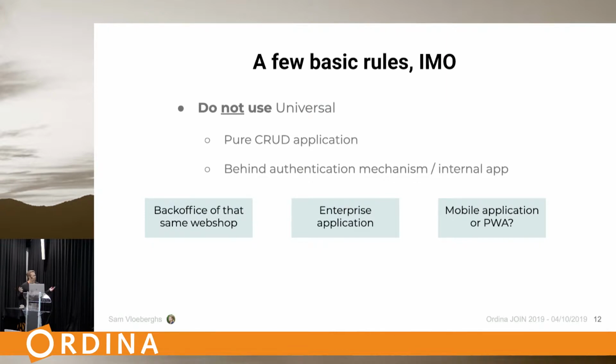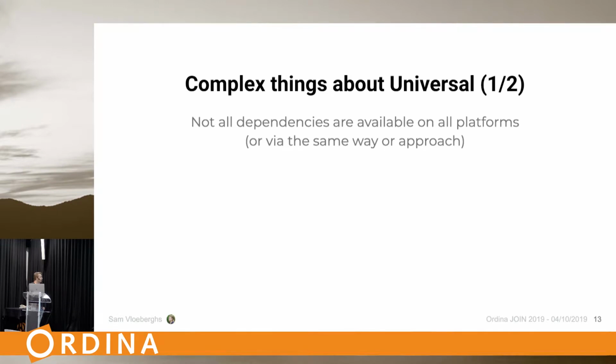Then, of course, the main question about these rules is, why would you need to consider this? Because, of course, adding Universal adds a lot of, well, not that much complexity to your application. For example, there are two main things that I consider complex about Universal, and one of them is that if you're developing for a browser, it does not necessarily mean that you have the same capabilities on any platform.